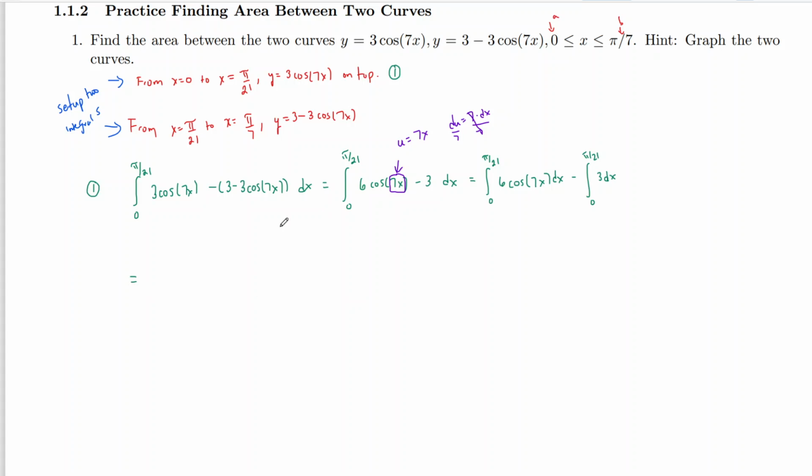Right, so let's go ahead. Now we can plug in the first one. The second one we can actually integrate already because it's just a number. So in the first one, we can bring the 6 out, integrate from 0 to pi over 21. We have cosine of 7x, which is what we made u, and then dx was du over 7.